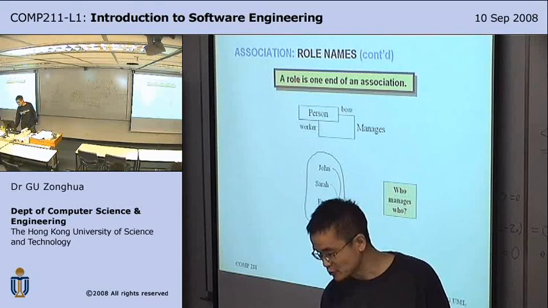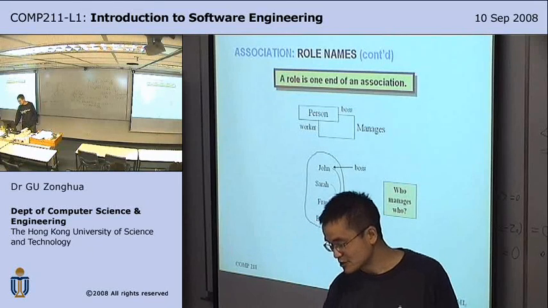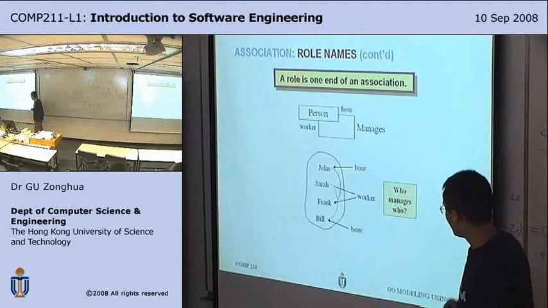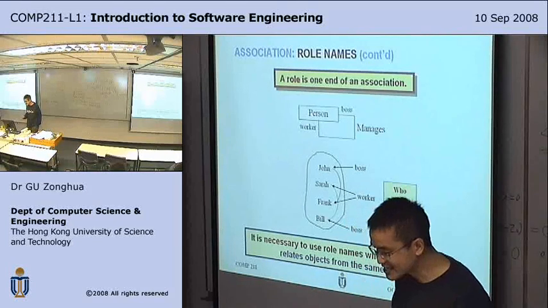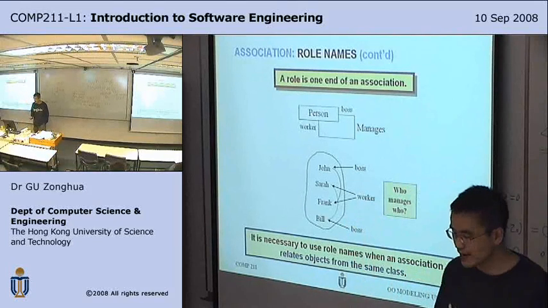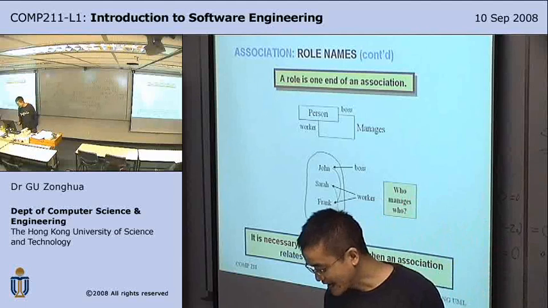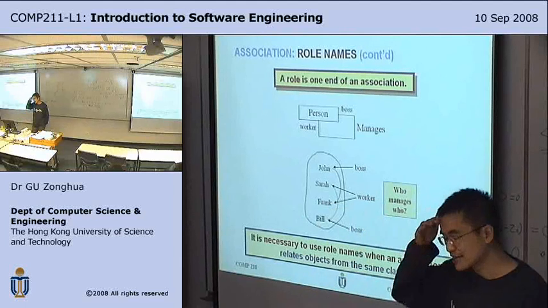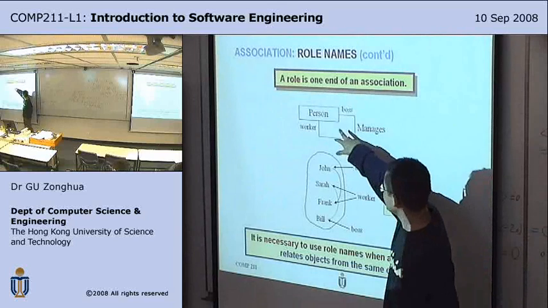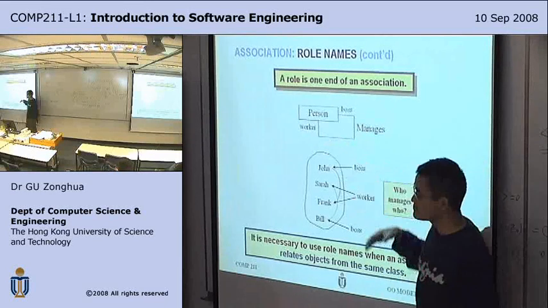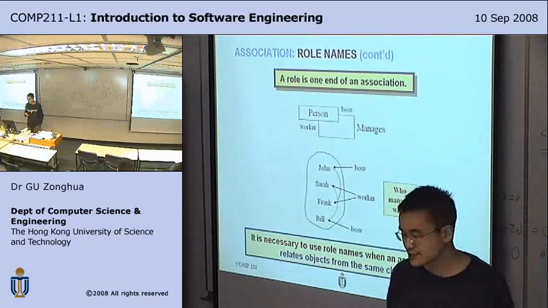That's why you need to add the role names to indicate who is the manager. So it's necessary to use role names when an association relates objects from the same class. So this association relates two objects both in the person class.